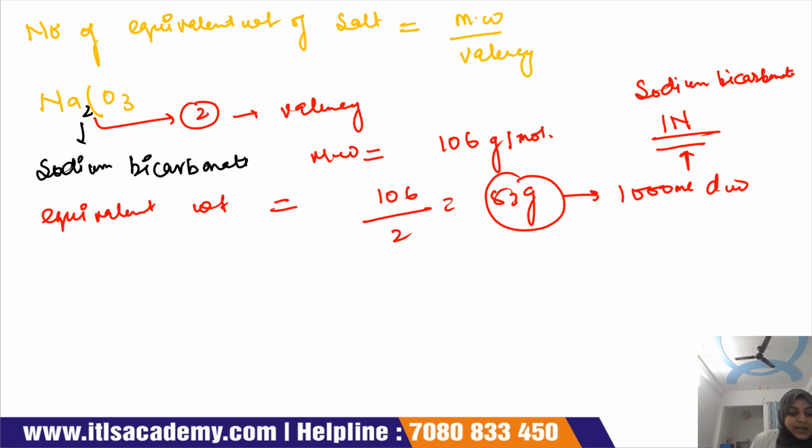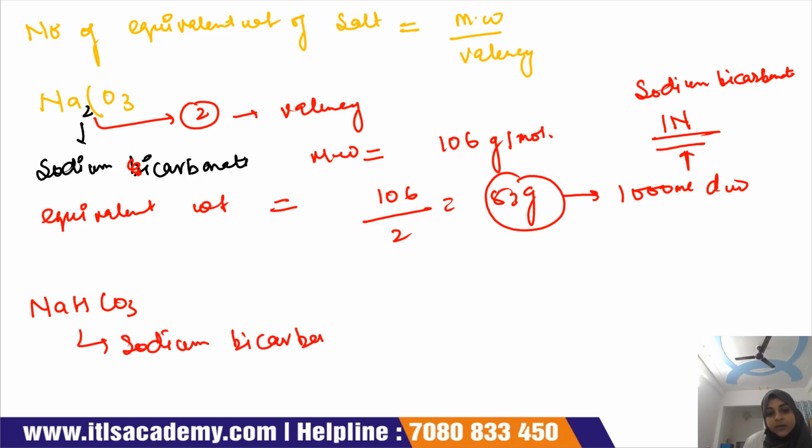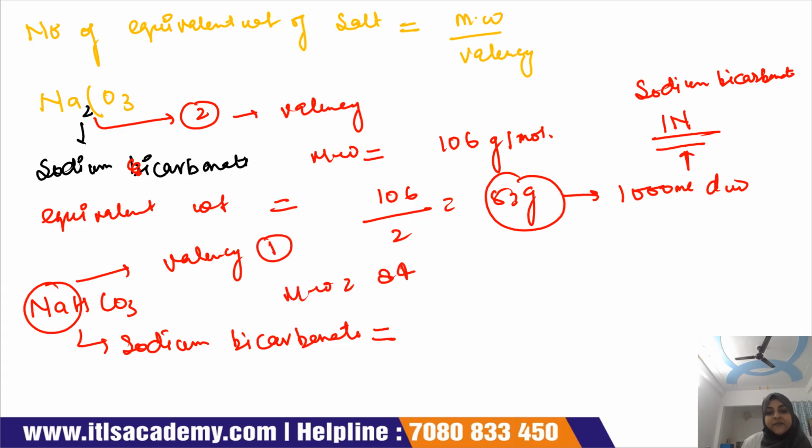Now the next example is to calculate the equivalent weight in case of NaHCO3. The first one is sodium carbonate and the second is sodium bicarbonate. Here the valency is 1 and the molecular weight is 84.